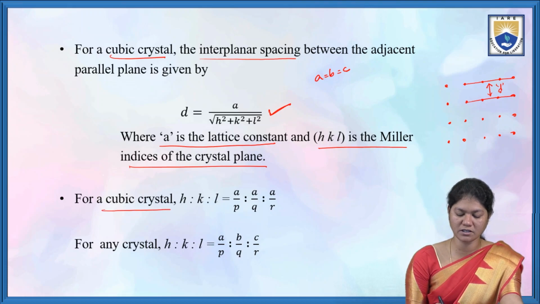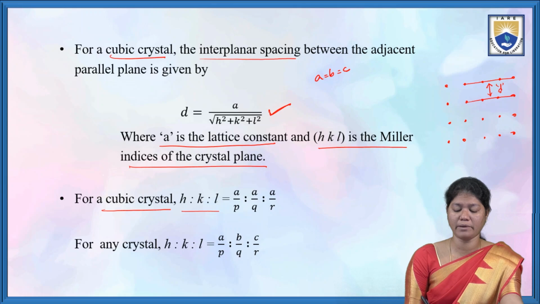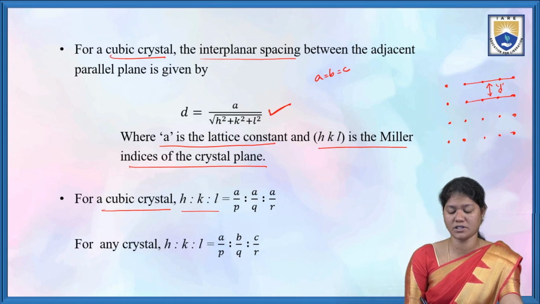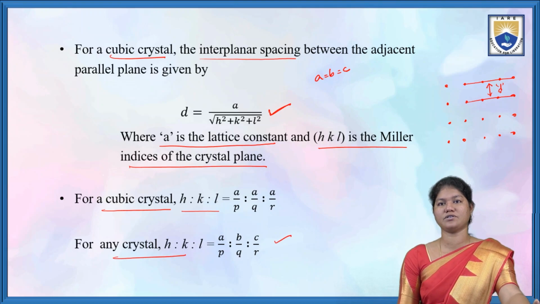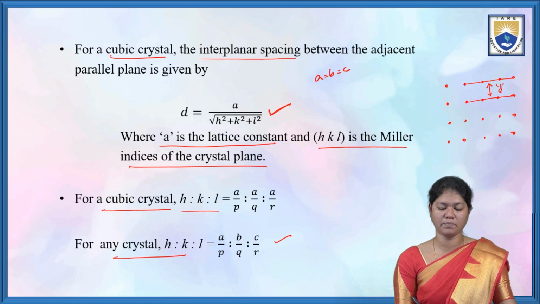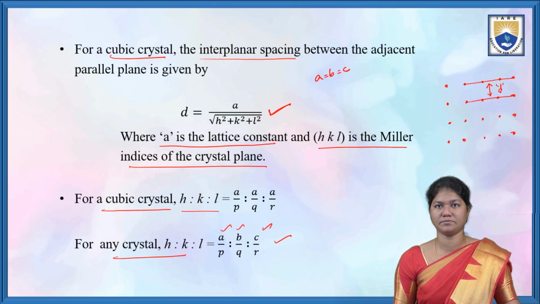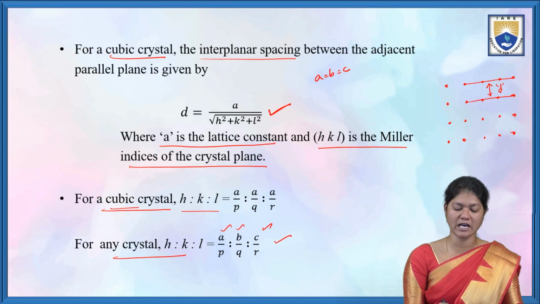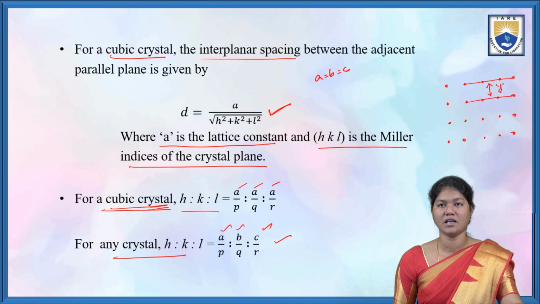For a cubic crystal, h k l is a by p, a by q, a by r. For any other crystal, this would be h k l as a by p, b by q, c by r, as the dimensions are different. But for a cubic crystal the dimensions are the same, that's why we have noted a.